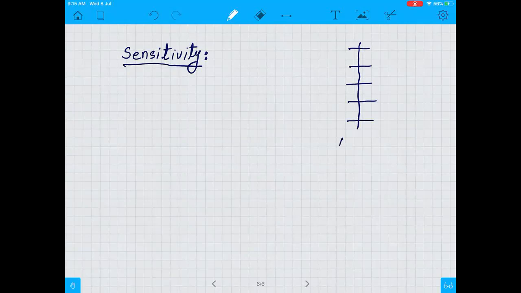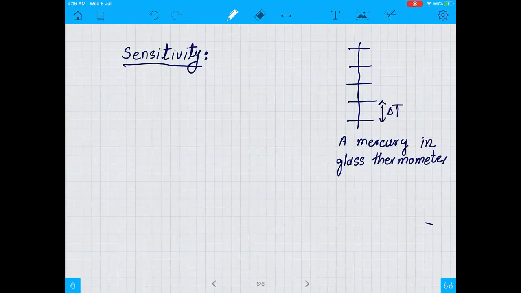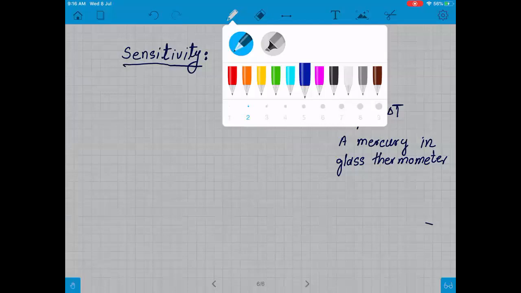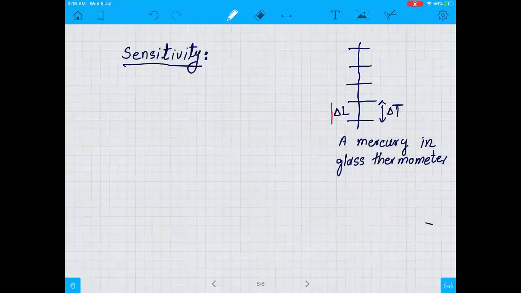So in a mercury in glass thermometer, the actual quantity is temperature here, and the apparent quantity is the length here. So basically this change of length is converted to this change of temperature.